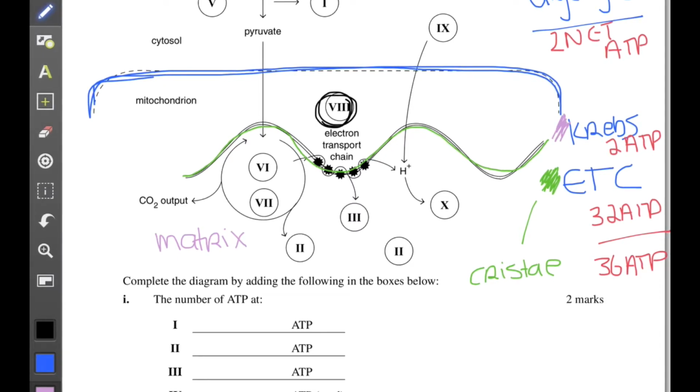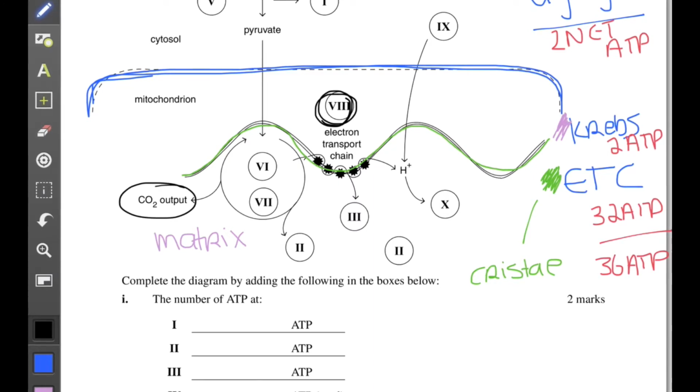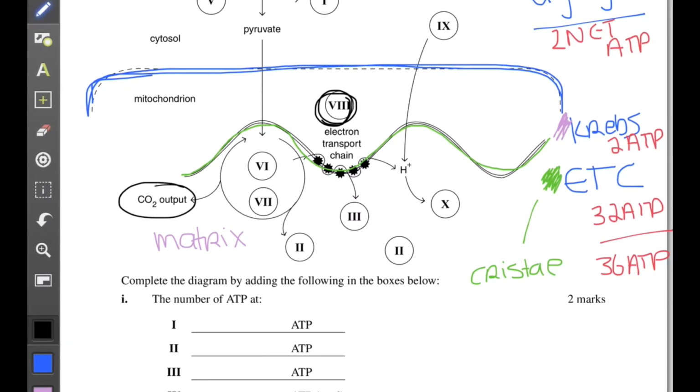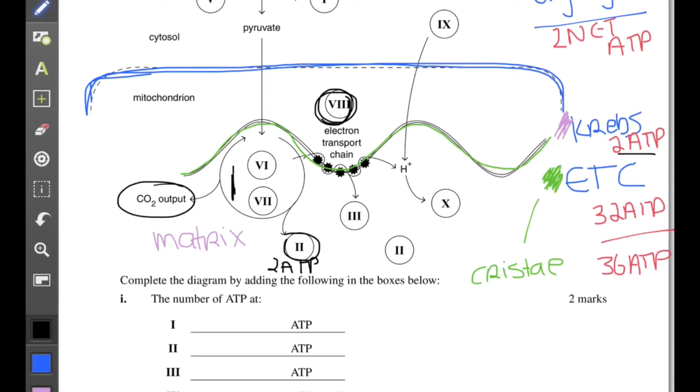We know that Krebs cycle has an output of carbon dioxide. We also know that it has an output of 2 ATP. So one of these labels here must be the Krebs cycle.